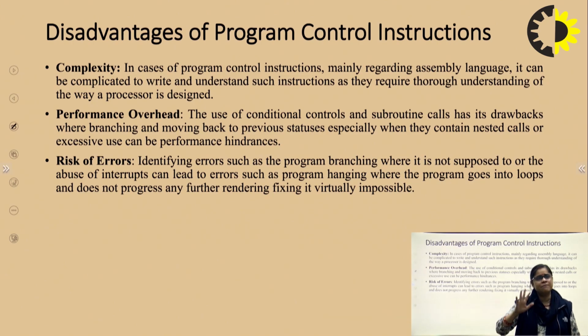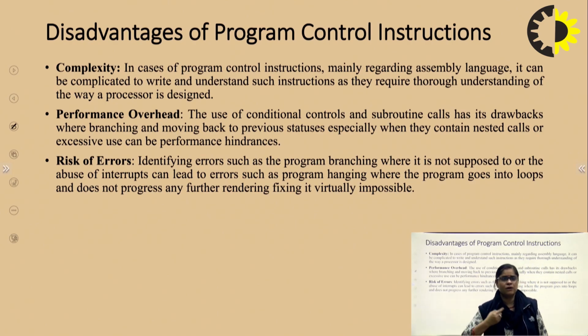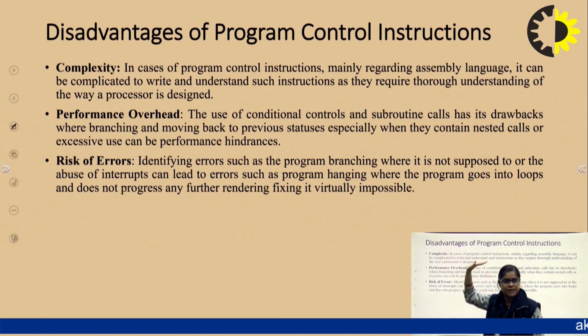But in the program control instruction, we are following control statements, conditional statements. So they are very complicated to write. Certain things are written in a very complicated way, and we have to understand that complication and design our processor accordingly. That is why we say the program control instruction has some complications, or that it is complex, right?